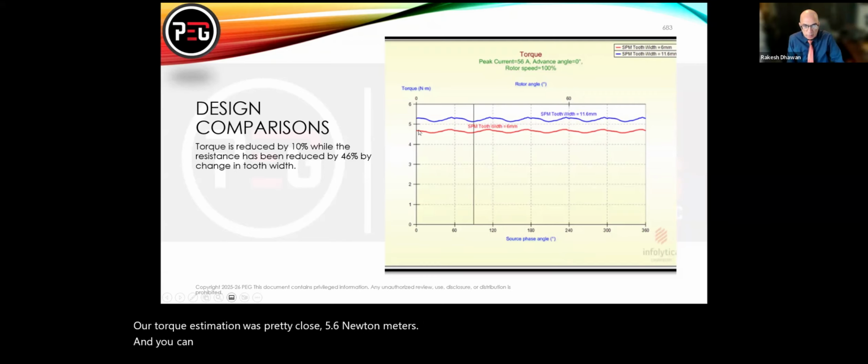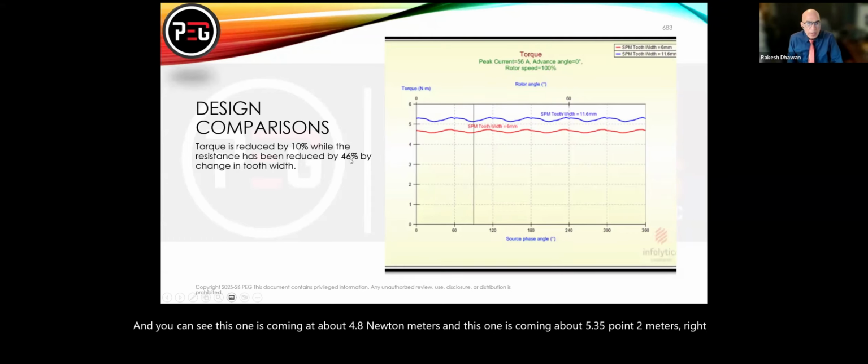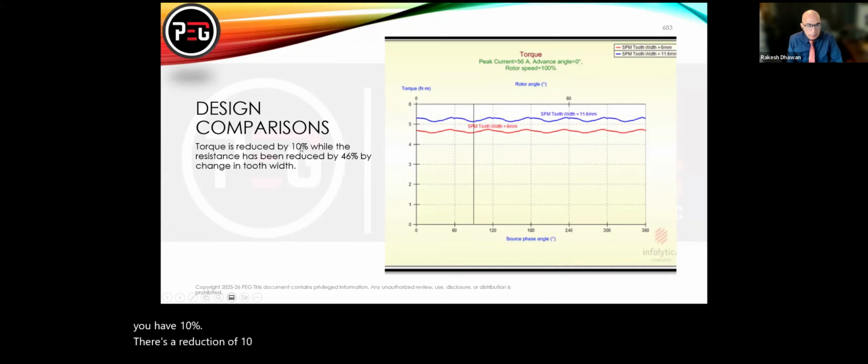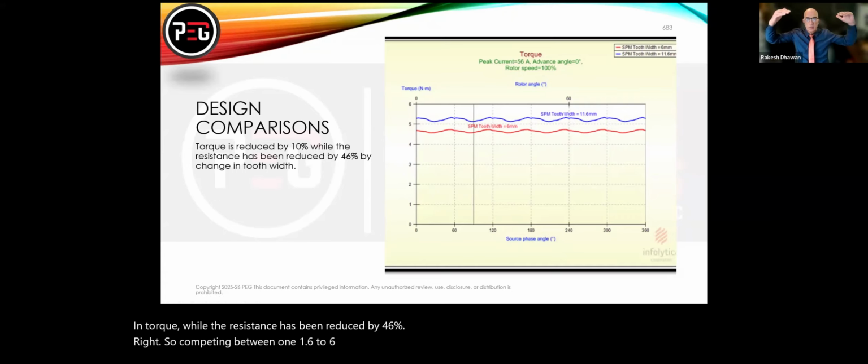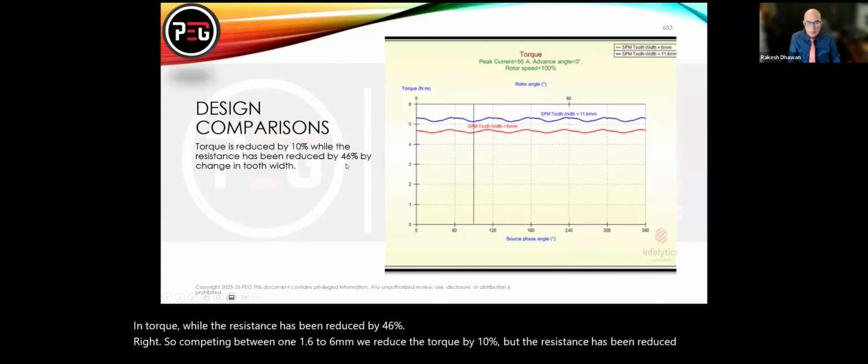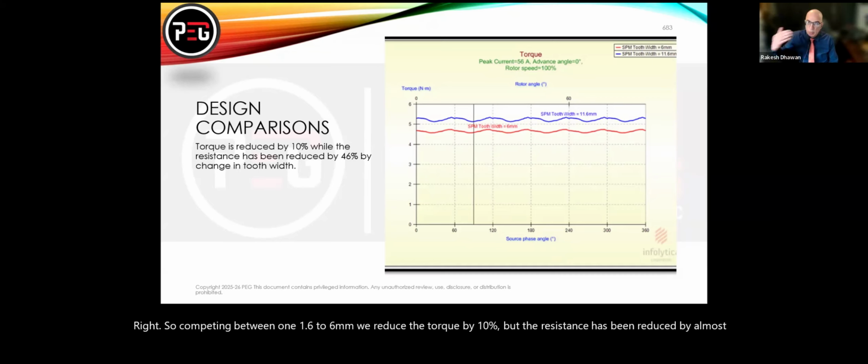This one is coming in at about 4.8 Newton meters, and this one at about 5.2 to 5.3. So there's a reduction of 10% in torque, while the resistance has been reduced by 46%. Comparing 11.6 to 6 millimeter, we reduced the torque by 10%, but the resistance has been reduced by almost half. That gives you more efficiency in terms of the design.